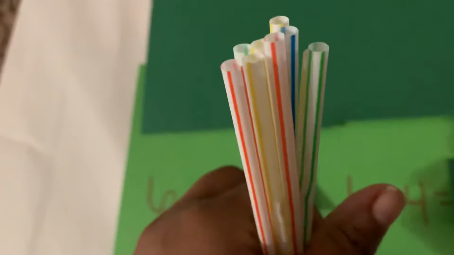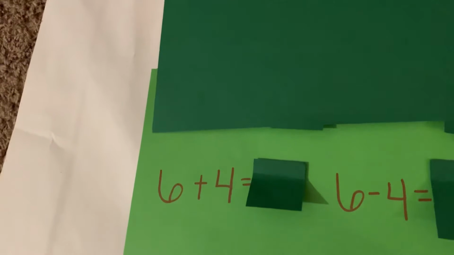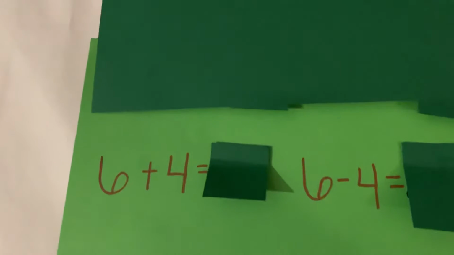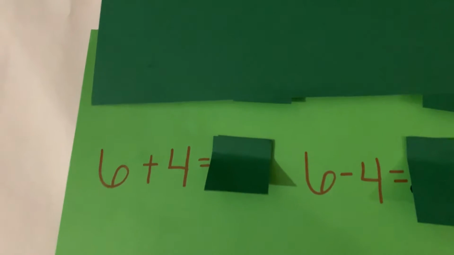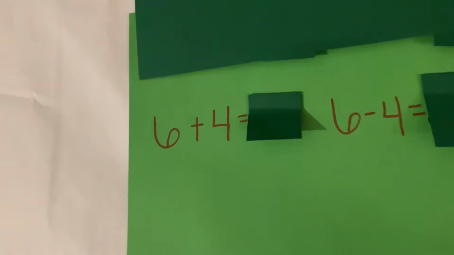If we looked at the place value aspect, what number would go in a 1's place and what number would go in a 10's place? Okay, if you said 0 in a 1's and 1 in a 10's place, you're absolutely correct. We have 10, so we have a bundle here. Good job, guys.